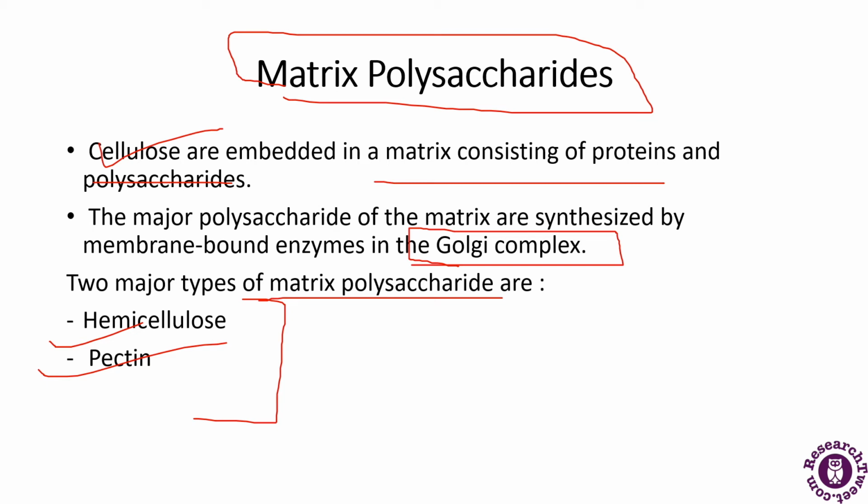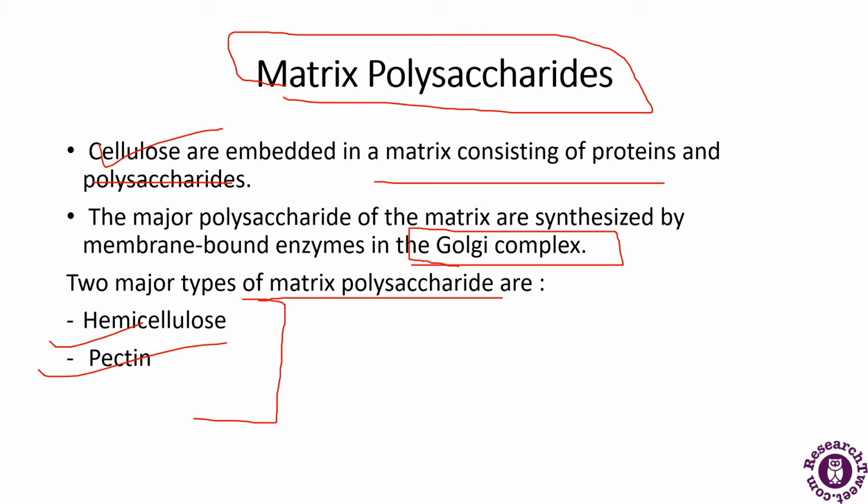Pectin is also a heterogeneous group of polysaccharides containing some acidic sugars, and it is basically a gel-like component forming the matrix. It has several roles to play.